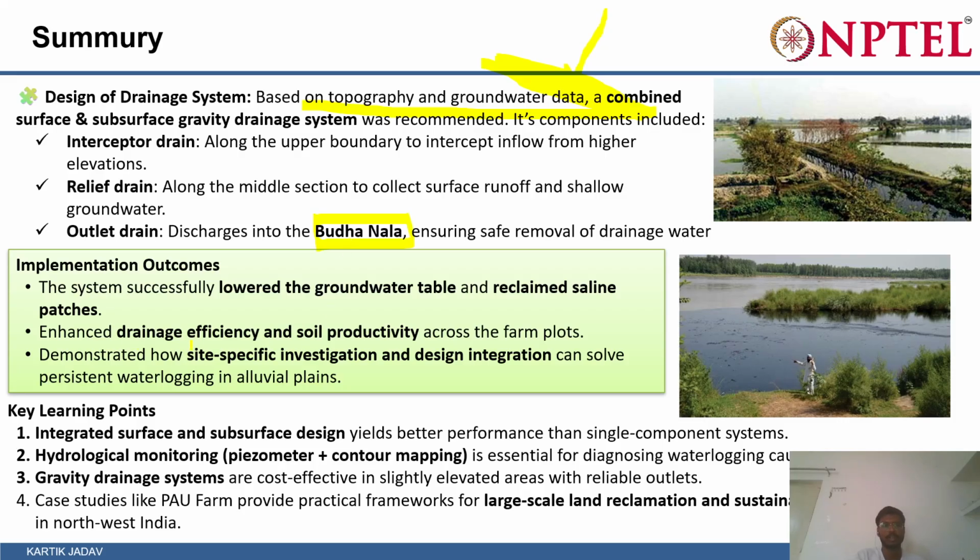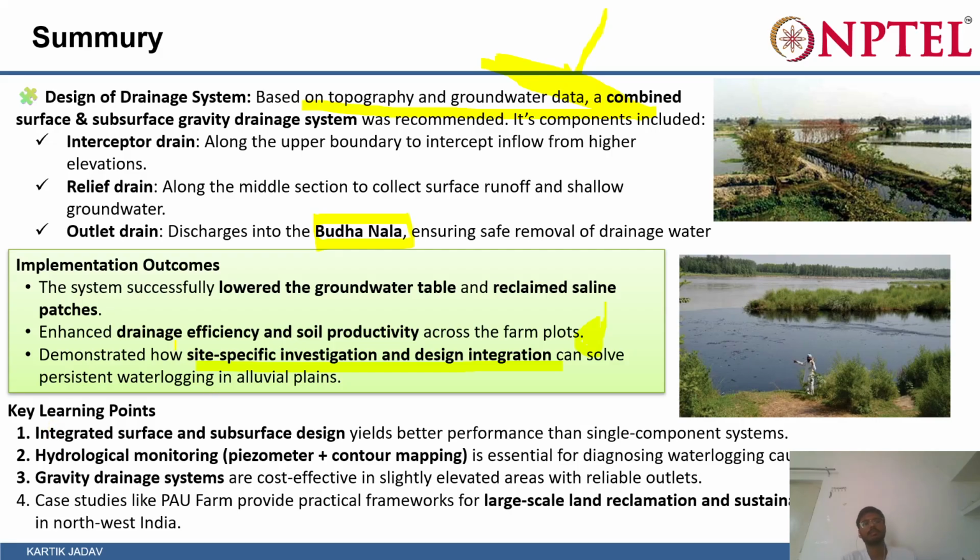It also enhanced drainage efficiency and soil productivity. It's not observed weekly; after 2 to 5 years it might take certain time to get this kind of benefit. This design successfully demonstrated how site-specific investigation and design criteria can solve persistent waterlogging in alluvial plains.